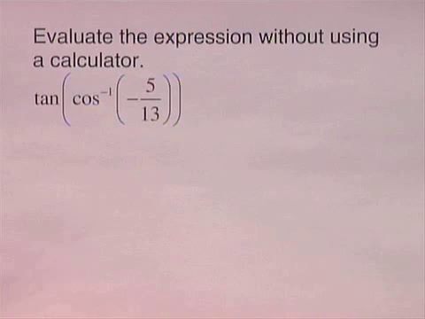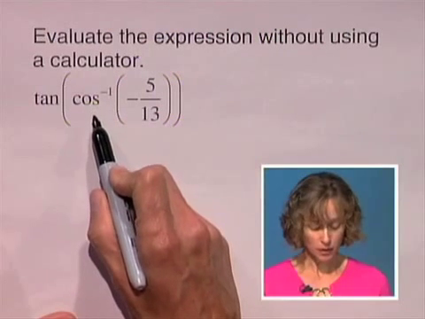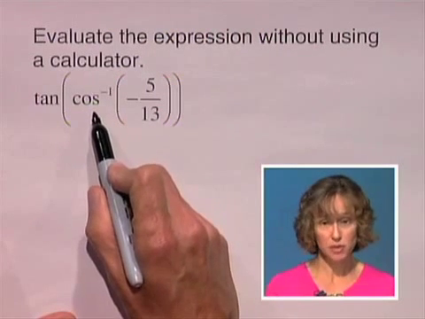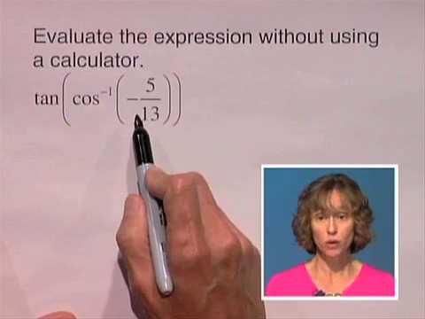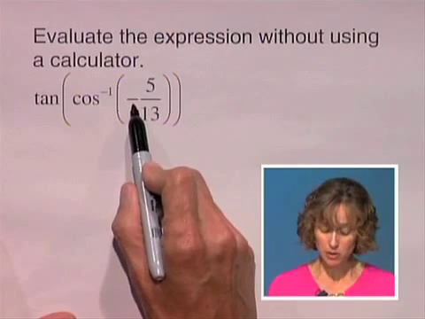Let's do another example like that. We want to evaluate, without using a calculator, the tangent of the inverse cosine of negative 5/13. Now if you look at the inverse cosine, its range is from 0 to pi, which is quadrant 1 and quadrant 2. The cosine's positive in quadrant 1, but this is a negative value.